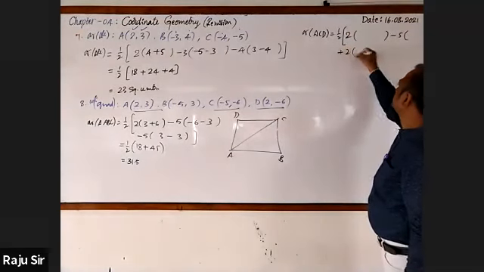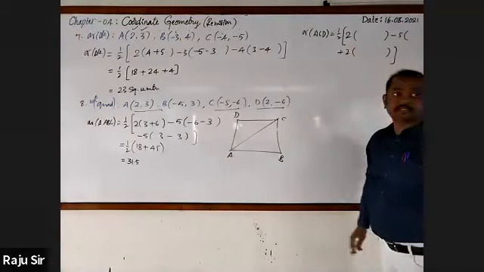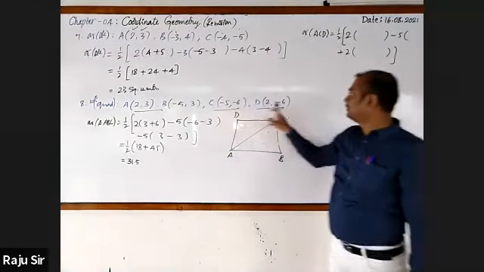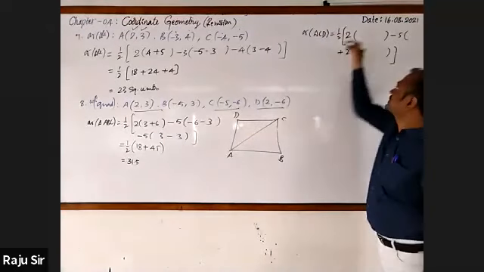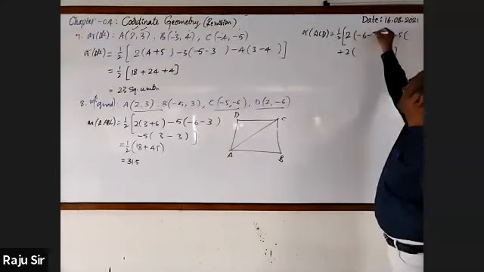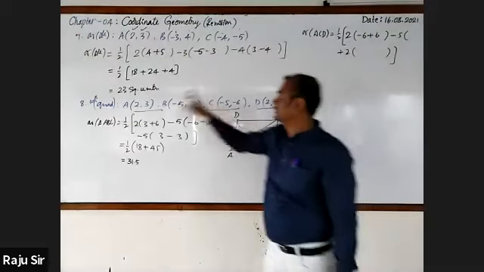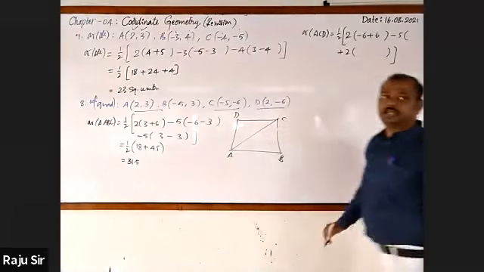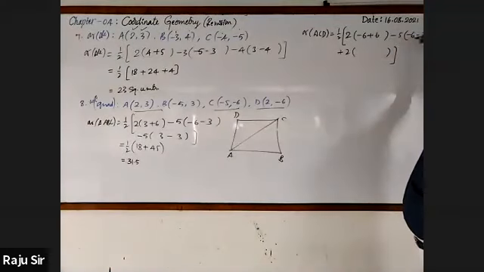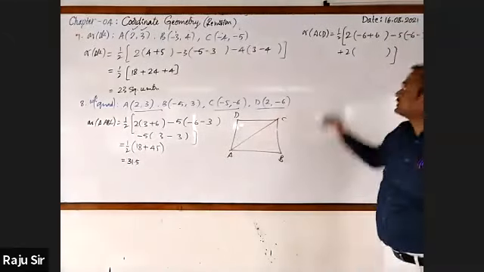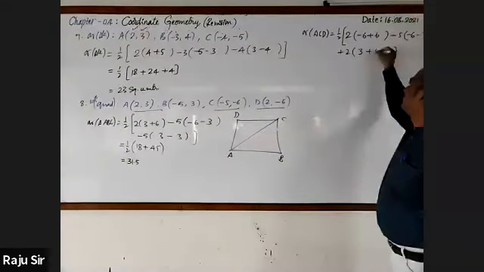plus 2 into. Next, here y2 minus y3, minus 6 minus half minus 6 plus 6. Then minus 6 minus 3. Then 3 minus half minus 6 plus 6.